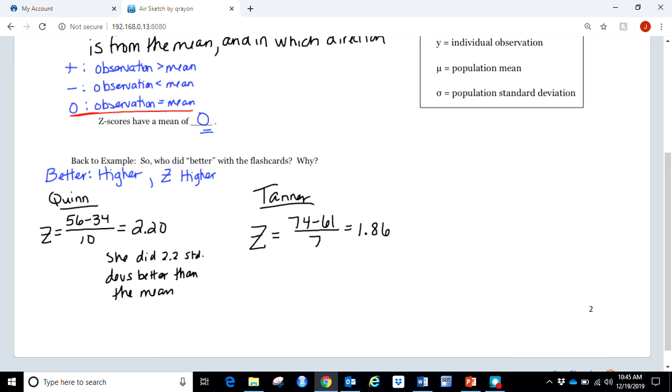Again, his value is positive, telling us that he did better, or higher, than the mean. The units, again, are number of standard deviations. So he did 1.86 standard deviations better than the mean.